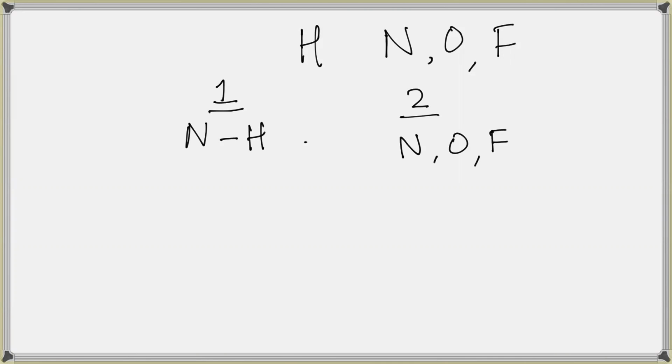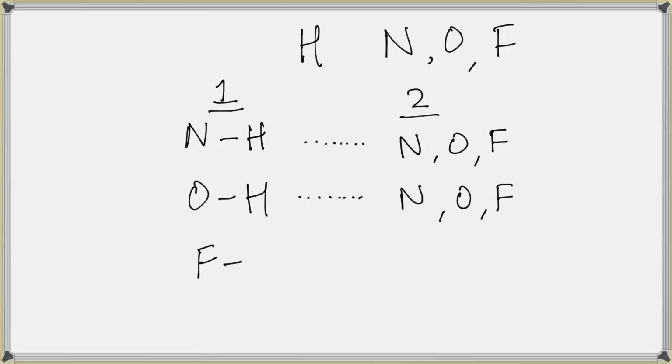Those are going to be able to do a hydrogen bond. Your other option is you can have oxygen with hydrogen, and it can hydrogen bond with a different molecule where there's a nitrogen, oxygen, or fluorine. Finally, you could have a molecule that has fluorine bound to hydrogen, and that can do a hydrogen bond with nitrogen, oxygen, or fluorine on a different molecule. So this is molecule 1, molecule 2. It's just very, very specific, the elements that are involved here.